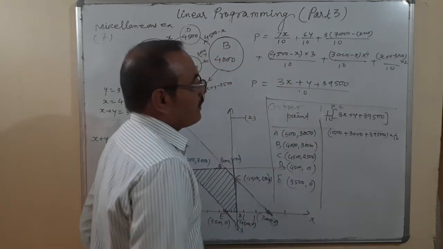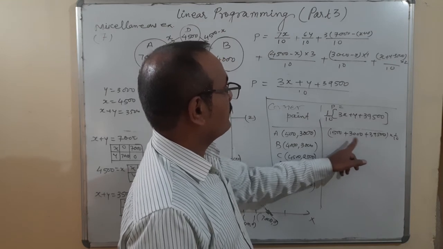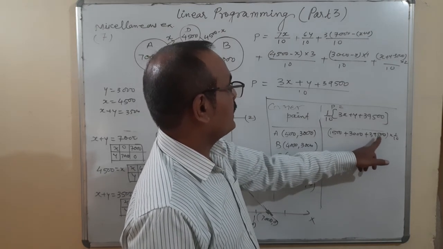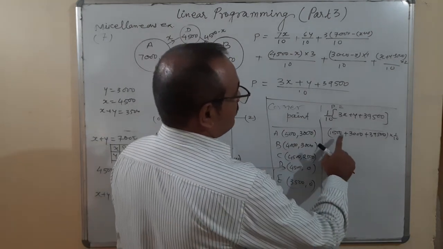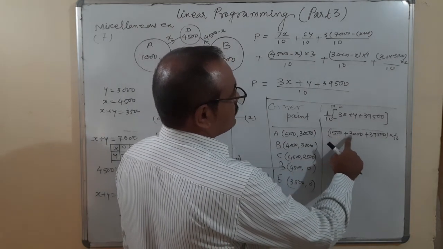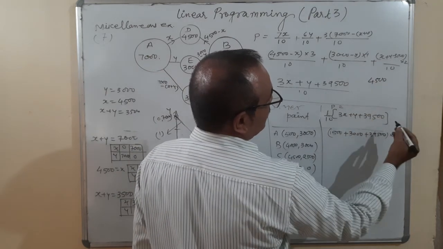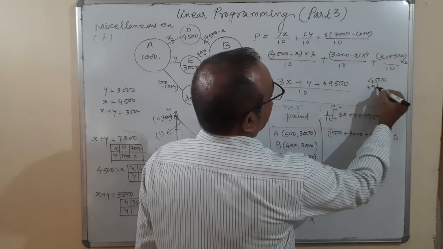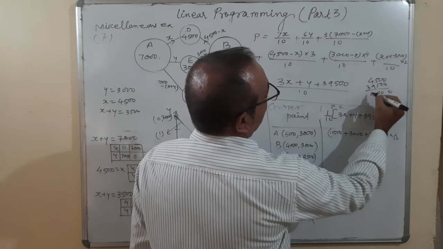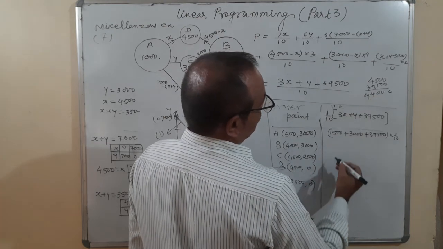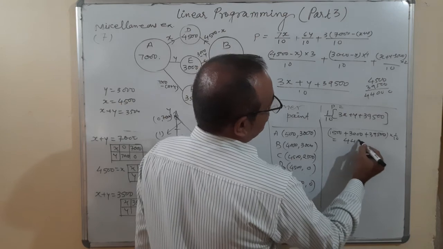So what is coming? 1500 plus 3000, so 4500, and 39,500. 4500 and 39,500, that is 44,000 divided by 10. So it is coming 4400.